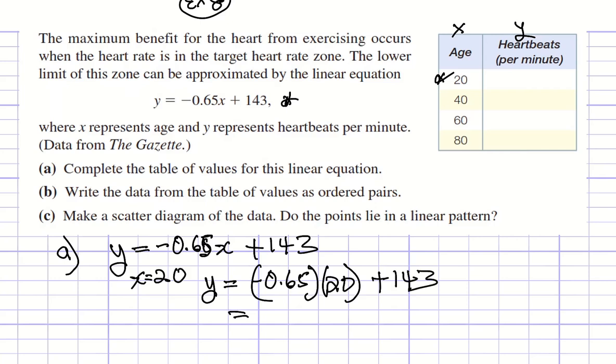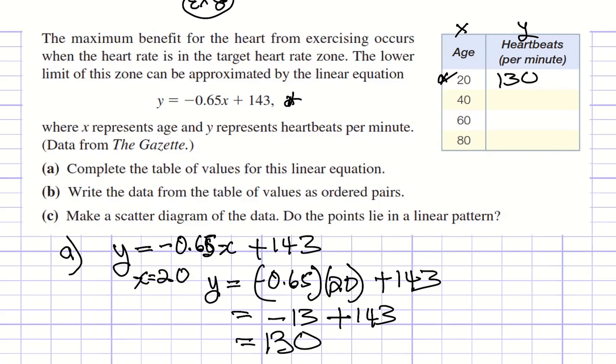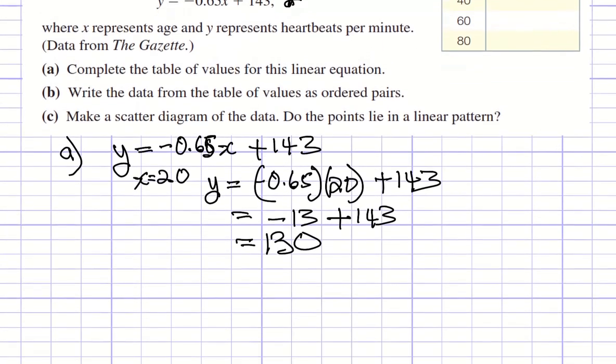You multiply that out: 0.65 times 20 gives you 13, actually minus 13. You get minus 13 plus 143. So you subtract that from 143. What do you get? You get 130. So you put it here, 130. That's what they want you to do.